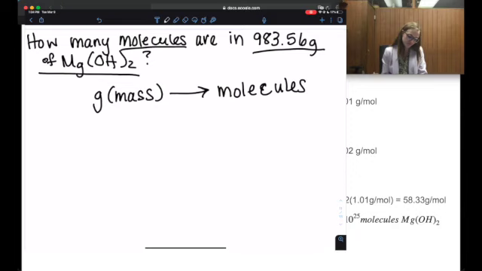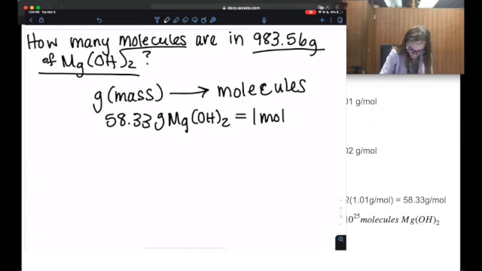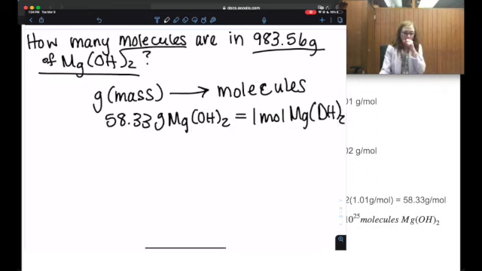So as I mentioned, we're likely going to need the formula mass. So I've already calculated the formula mass of magnesium hydroxide to be 58.33 grams for every 1 mole of magnesium hydroxide. So again, you can find the math for how I worked this out in the slides.